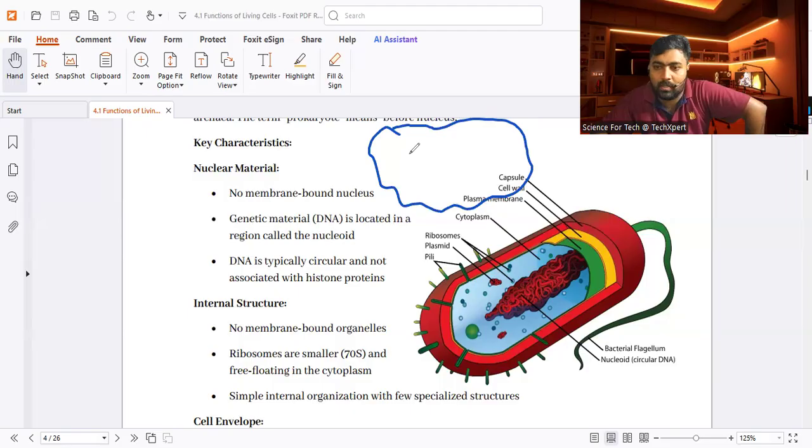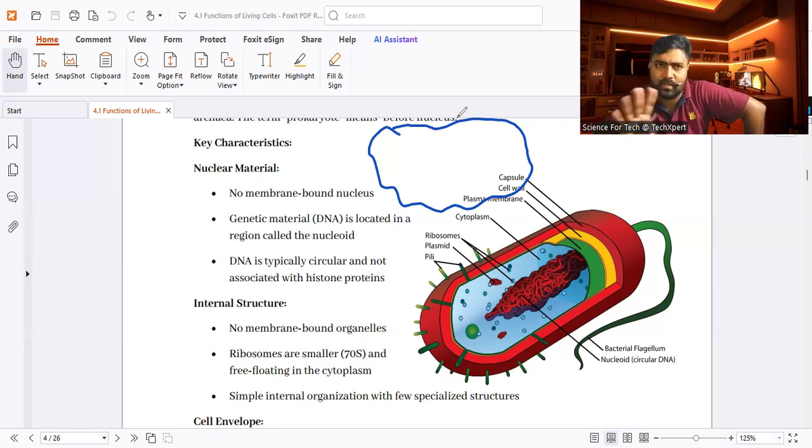It has been developed for study purposes. In the actual scenario, we cannot see that kind of cell.